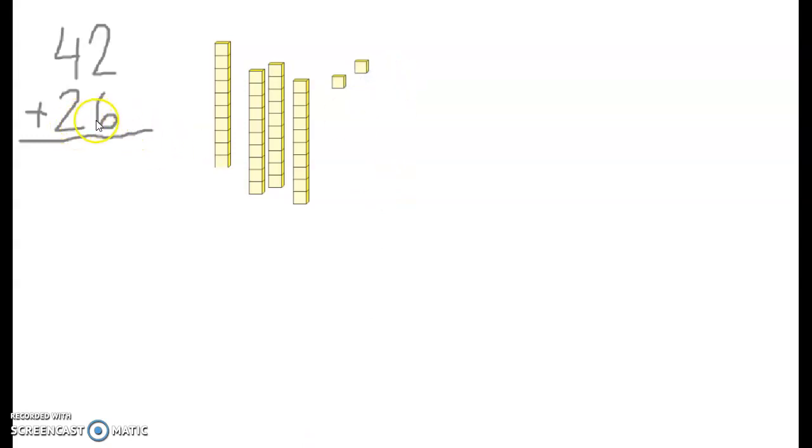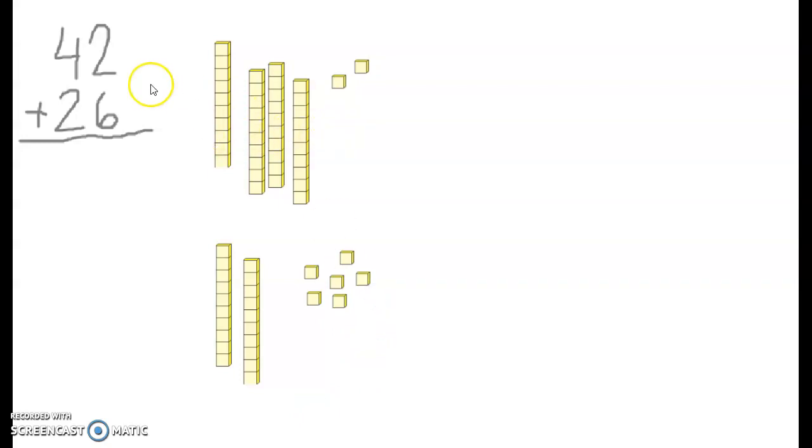And I know that 26 can be represented with 2 longs, 10, 20, and 6 cubes: 1, 2, 3, 4, 5, 6.